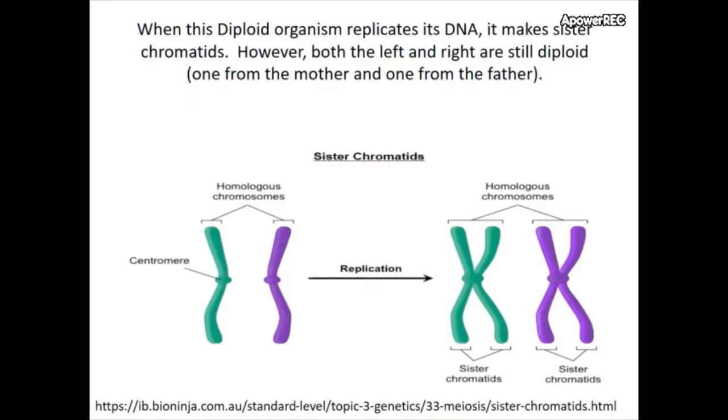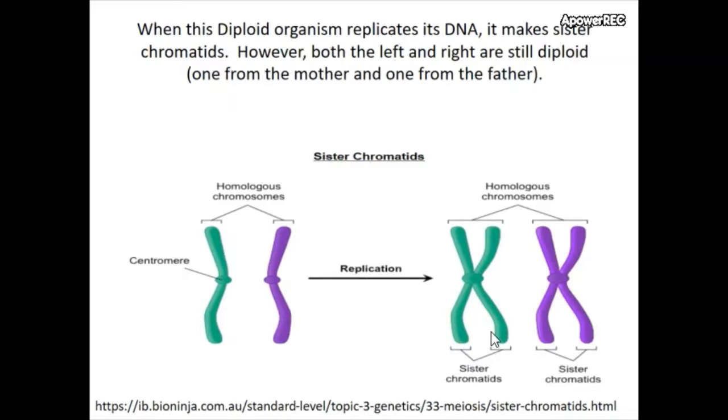So imagine when this diploid organism, just like our typical human cells, replicates its DNA, it has to make 2 copies of all of those chromosomes, all 46, right? So in order to do so, it makes a full copy of each book. There are 2 homologous chromosomes per chromosome, and each one of those has to be made a copy of.